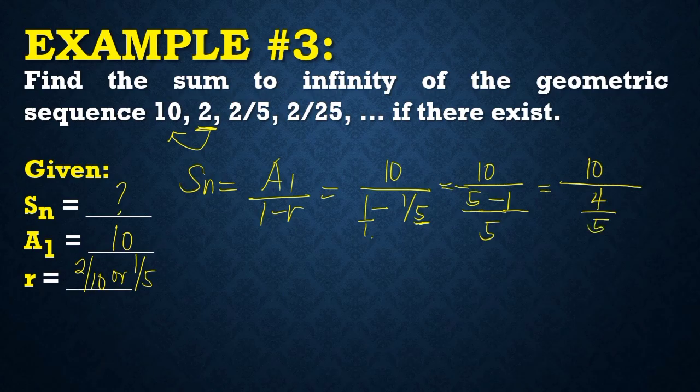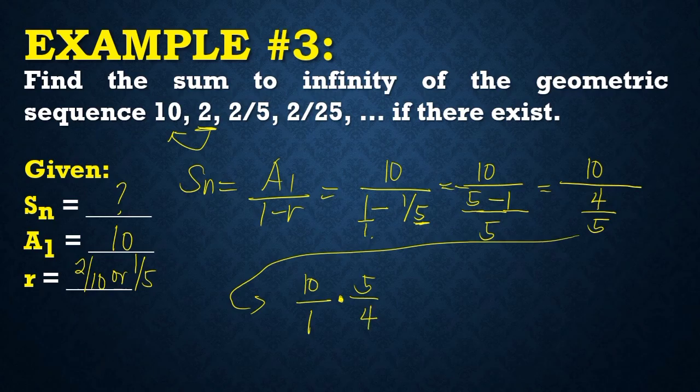And then, if we divide 10 by 4 fifth, so magiging ganito siya. So, sulat natin dito, 10 over 1 times the reciprocal of 4 fifth, that is 5 over 4. And then, we cancel 10 and 4 because may common factor sila, which is 2. So, yung greatest common factor nila is 2. So, 4 divided by 2, that is 2. 10 divided by 2, that is 5.